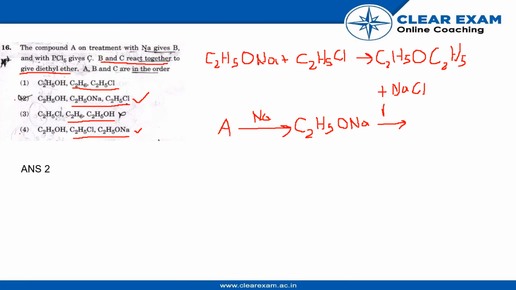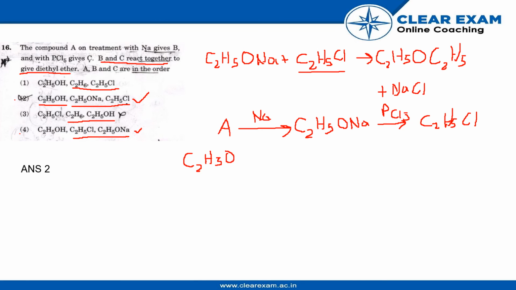And this on reaction with PCl5 will give C2H5Cl, as we have calculated. So the A option would be C2H5OH. It will form sodium ethoxide on reaction with Na, and we want that.